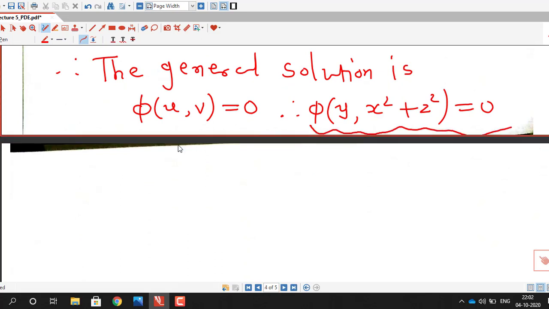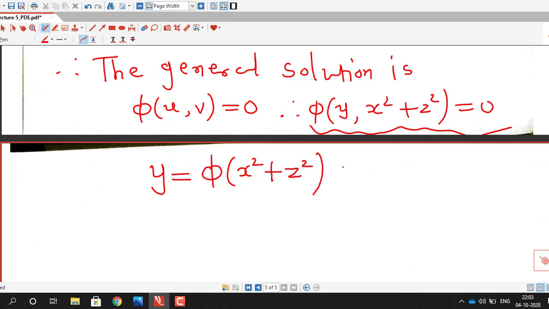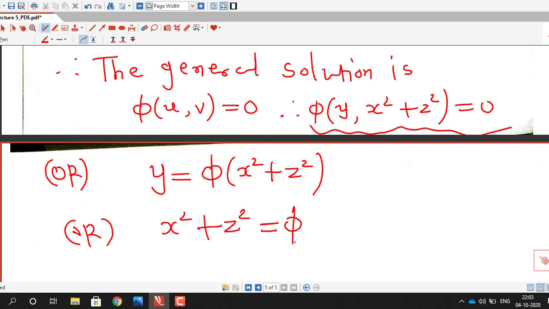Now if we wish, you can write in this form also: u equal to phi of v, that is y equal to phi of x square plus z square. And if you wish, you can write x square plus z square equal to phi of y, where phi is an arbitrary function.